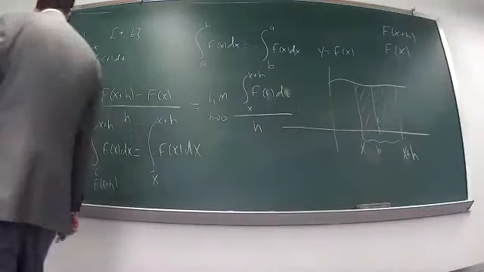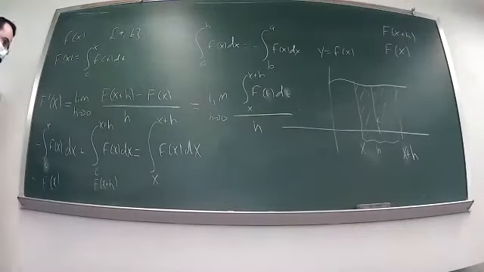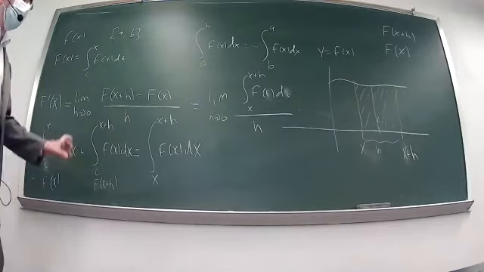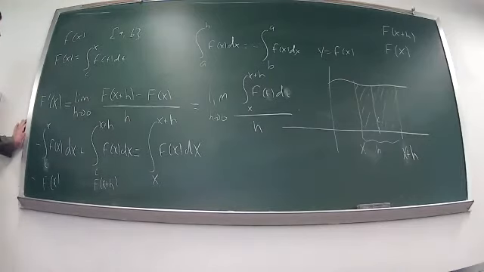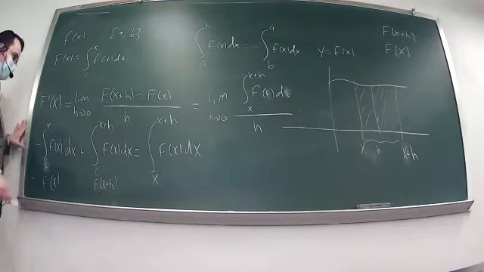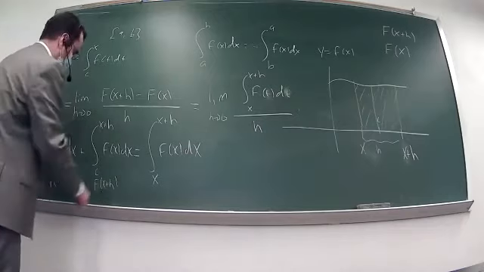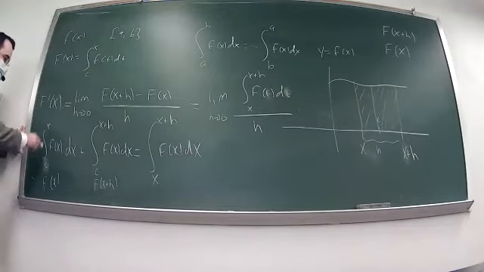We use this theorem about signed areas, additivity of domain. You split up the domain by inserting a point C. It doesn't matter whether C was between x and x plus h or not. And in the way that we drew it, it was between them. But you write down that theorem. You realize you can switch the bounds in exchange for a negative sign.